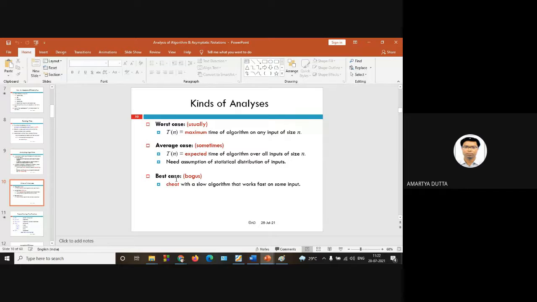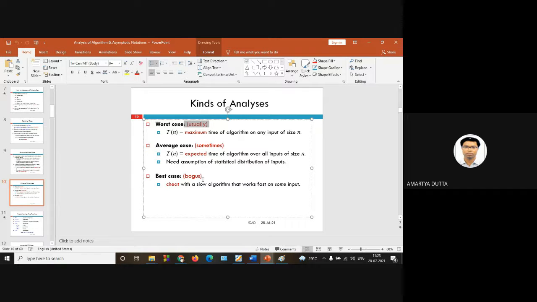T(n) is the time taken to complete your algorithm, where n is the number of inputs. The worst case is the maximum time of the algorithm for an input of size n. Most of the cases in real life are worst case complexity.